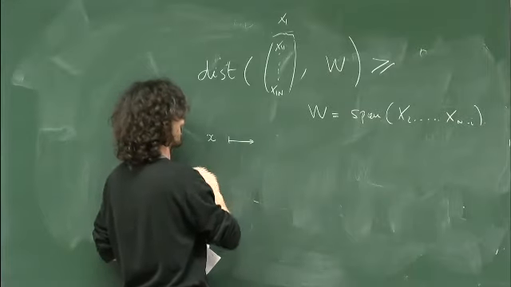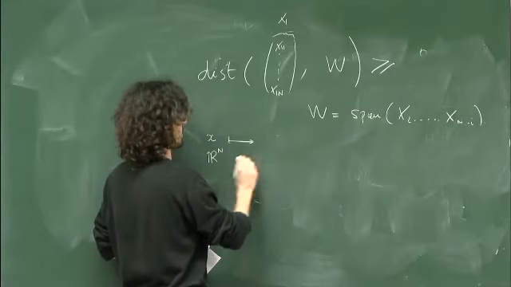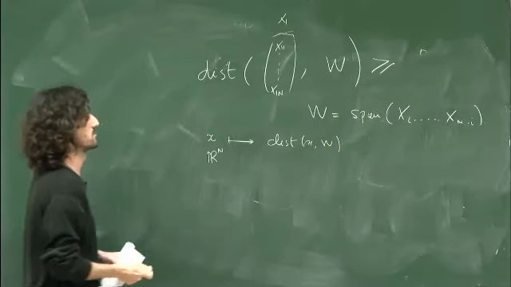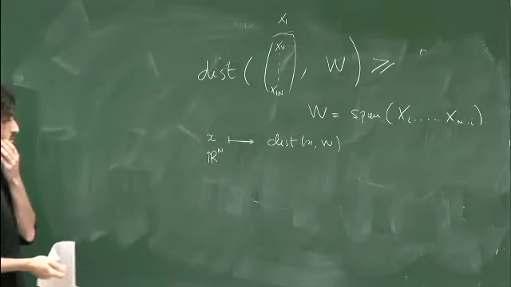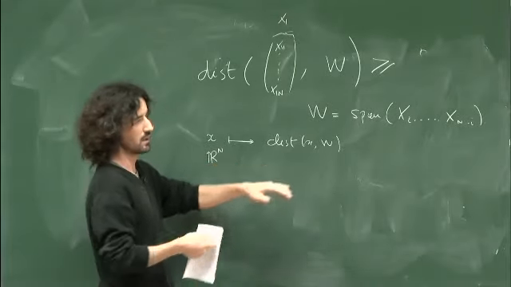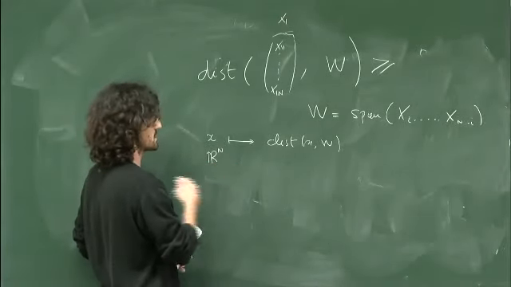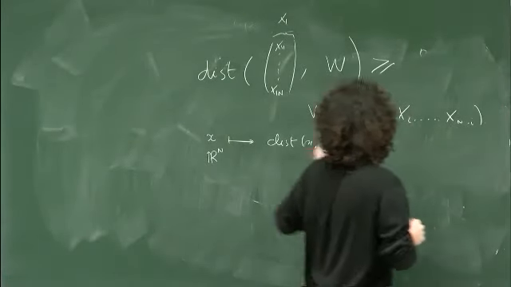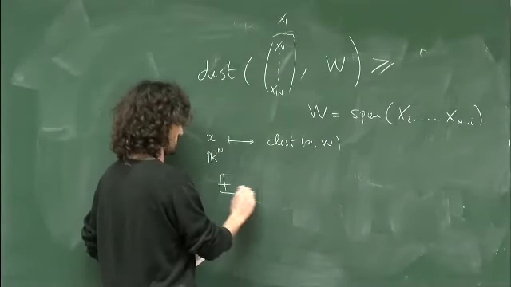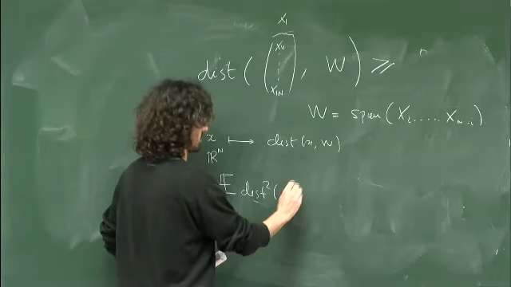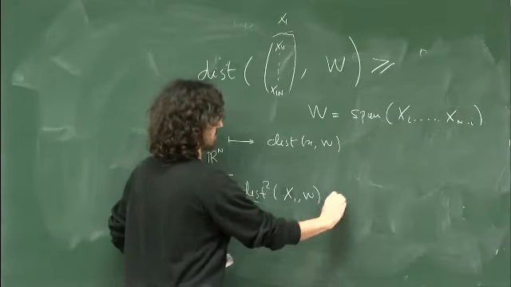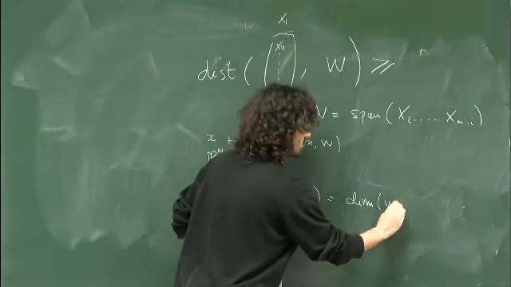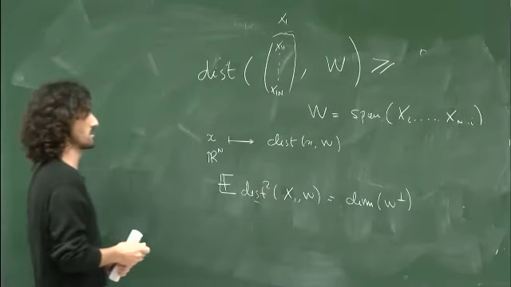If you look at the map which, to a vector in R^n, gives the distance of your point to the vector space W, this is convex. So by using concentration inequalities, you manage to prove this and to lower bound this. It is not very difficult to check that the expectation of the distance squared, when W is independent of x1, is just the dimension of the orthogonal of W.